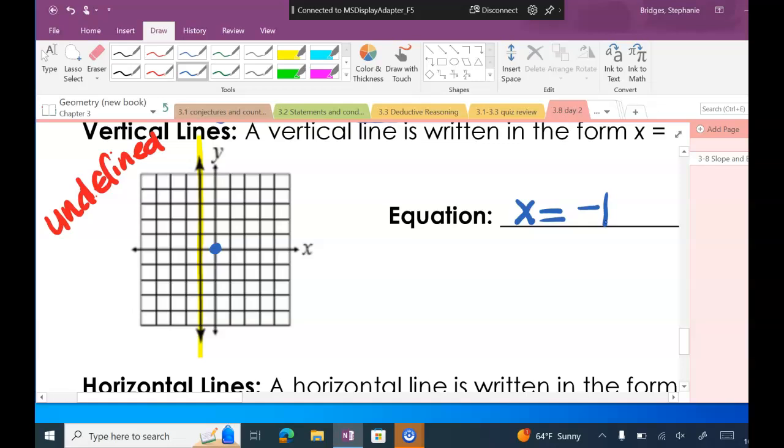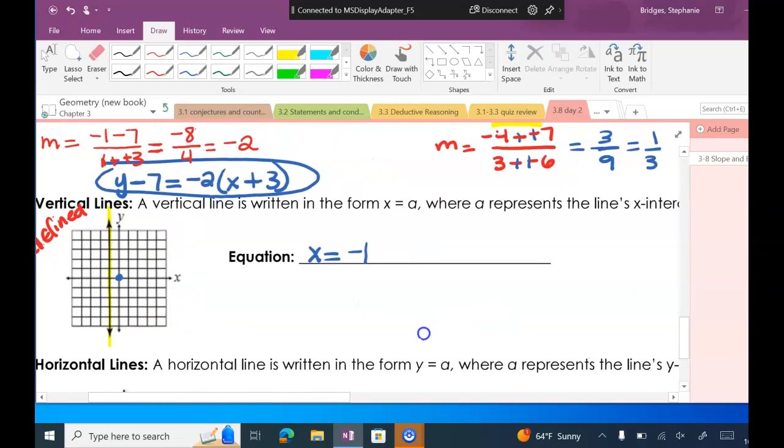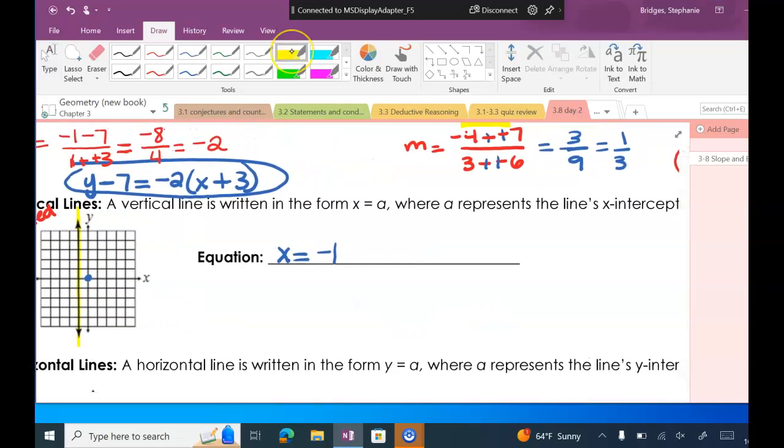If I had a vertical line that crossed the x-axis at 5, it would be x equals 5. That is just something you have to memorize. A vertical line has an equation of x equals wherever it crosses the x-axis. Okay, that's what it says all right here. Make sense? Yeah.